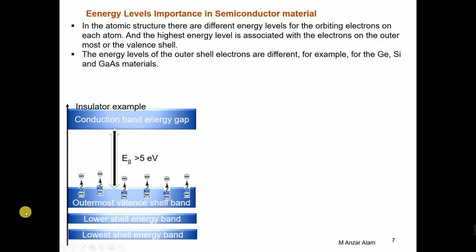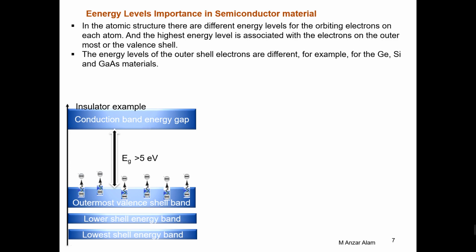For this type of material, the outer shell electrons exist, but they need to move from this level of energy to this level of energy. The energy gap, as I found in the book, is greater than 5 electron volts. This is the valence shell energy level, and this is the conduction band energy level. So the difference between them is greater than 5 electron volts.